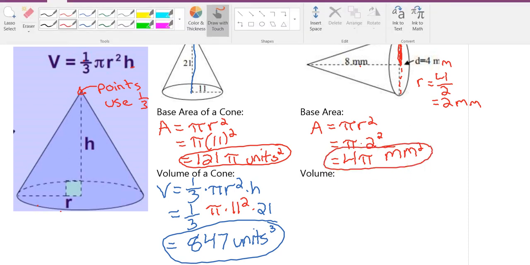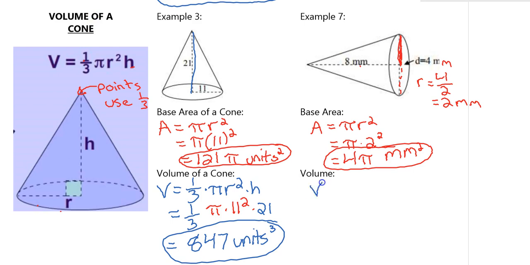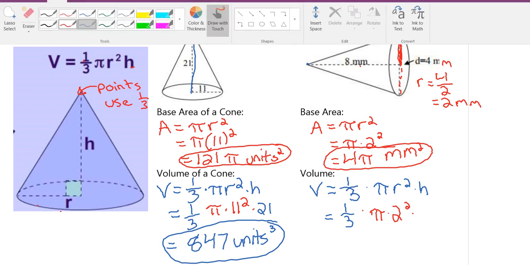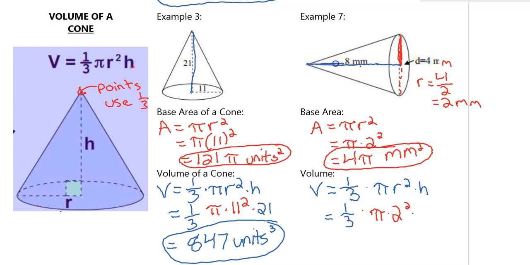Then for our volume, 1/3 times pi r squared times height. Again, it meets at that point. So it's 1/3, but my base is still this circle, so pi times 2 squared. And my height, don't get confused just because it's sideways. The height is still the base to the point, so that's 8.